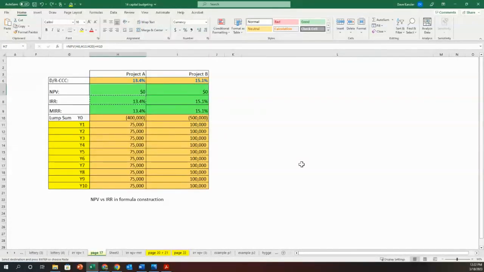Whoops. Okay, because I raised my discount rate. So that's what the IRR does. It tells me, and this just proves it, the discount rate where the net present value equals 0. Okay? I just proved it to you in case you didn't believe me.